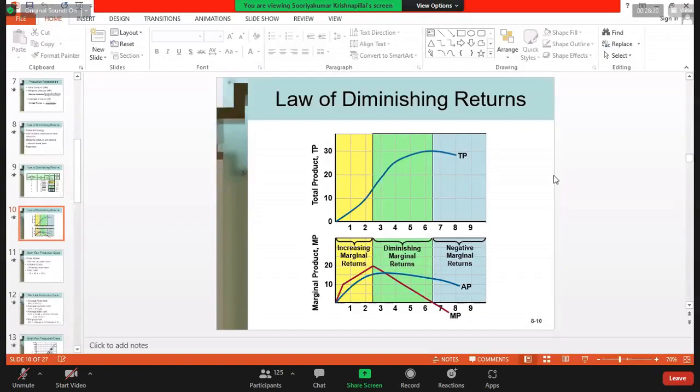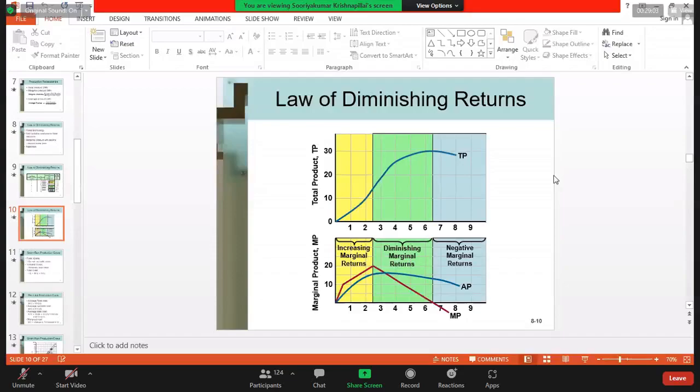So it will be the opposite. If we assume the variable input is only labor, so machinery and labor, and if the additional labor produces more, then we are paying all the labor the same wage.